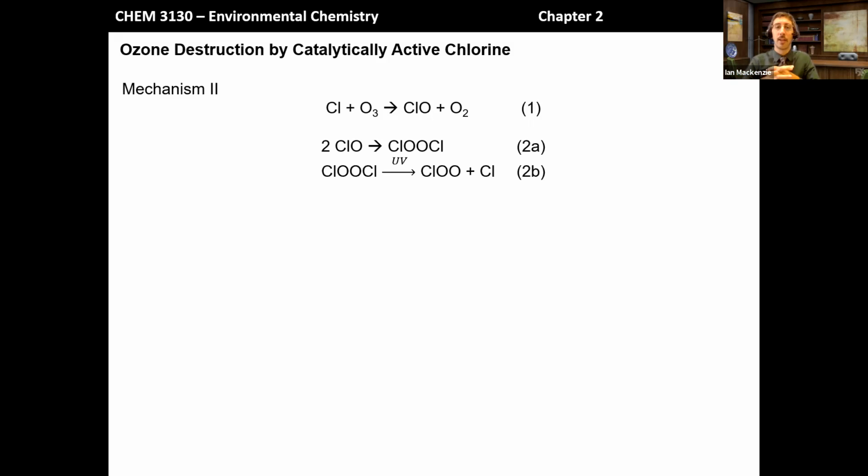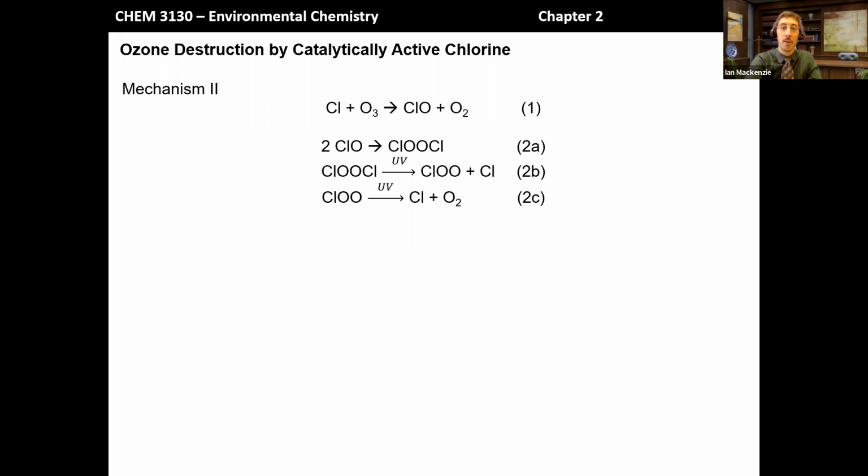So this is actually a photolysis process. The dichloroperoxide absorbs UV light to dissociate one chlorine atom, so you break one oxygen-chlorine bond. And then the remaining ClOO absorbs another photon of UV light to dissociate the other chlorine atom and leave you with molecular oxygen.